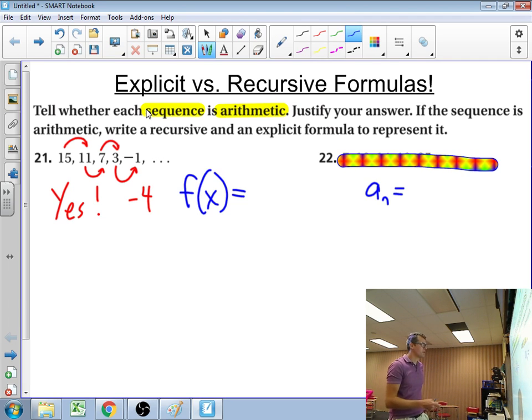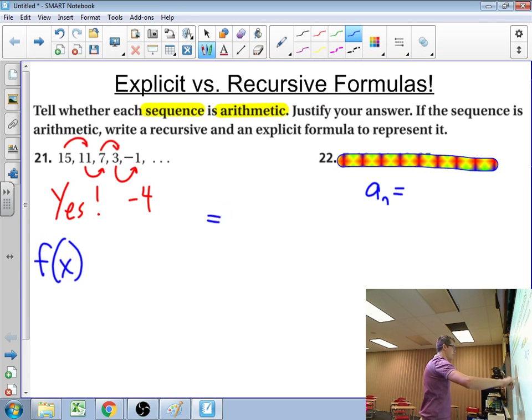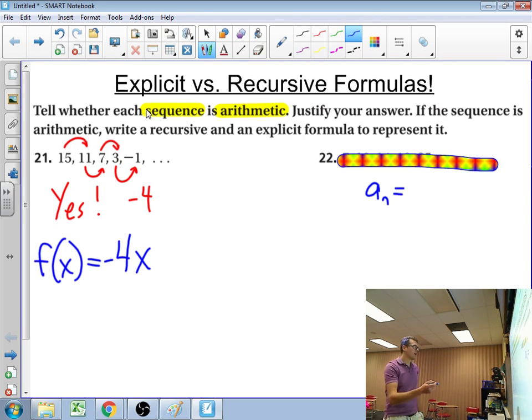So here, if we want to write an explicit formula, I know that I'm going to lose a value of 4 every time I move an x. So I know it's -4 times x. That change is -4 every single x. So the more x's I go, the more -4's I have. Now, the problem is, where do I start? Because a lot of times we think about what's our y-intercept. What is the y value that I see first?